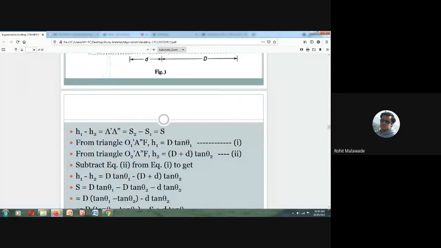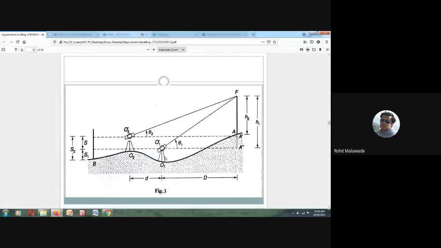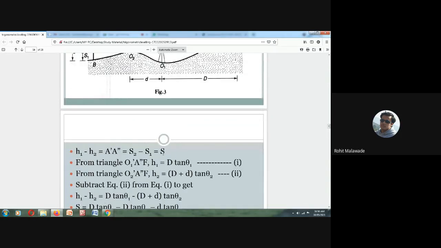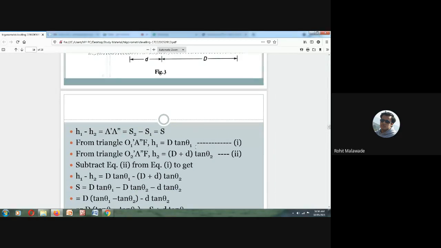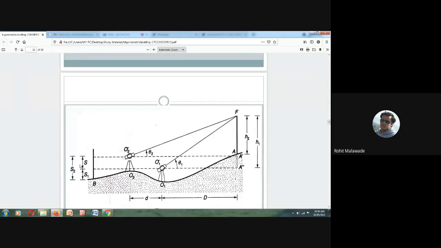Now H1 and H2, we already know that this is equal to S, right? From the triangle, we are going to have d tan theta 1, and from the angle theta 2, the height H2. This is your H1 and this is H2.